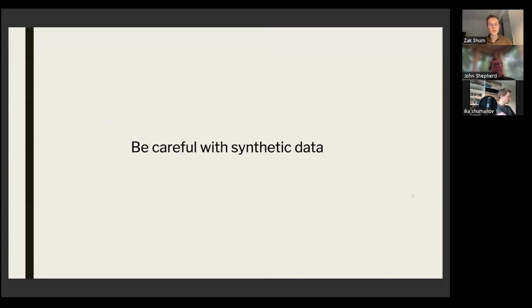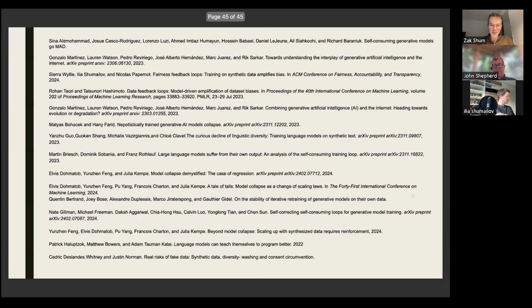There are many features that may be present in your data which can be considered as minority features, and those can get lost very quickly. And whenever you would try to apply this to anything in a real setting, you will find that it would lead to a lot of degradation. And so what I want everyone to take out is be careful with synthetic data.